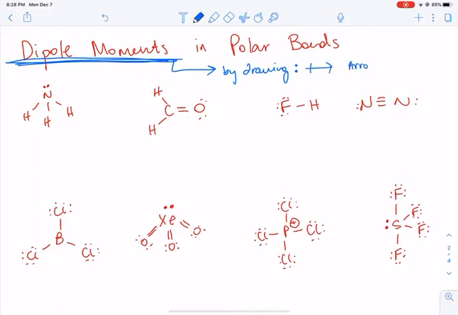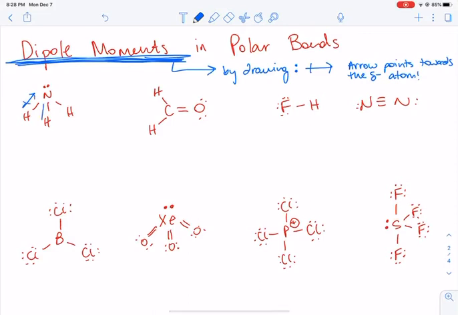The arrow points towards the partially negative atom. So if we go back through, we can assign dipole moments to all of these.